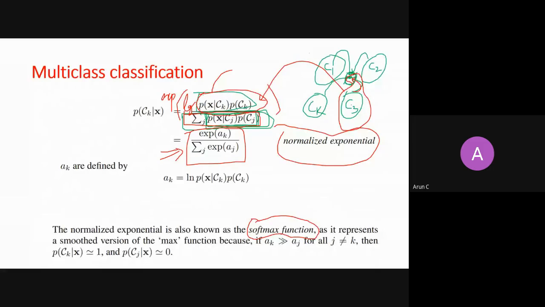And they will add up to 1. Why it is known as softmax: if one term dominates, let's say one term is 0.8 and the rest of the 2 terms are 0.1 and 0.1. If you apply the softmax function over it, it will give you 1, 0, and 0. So it will highlight that term specifically which is highest in the distribution.